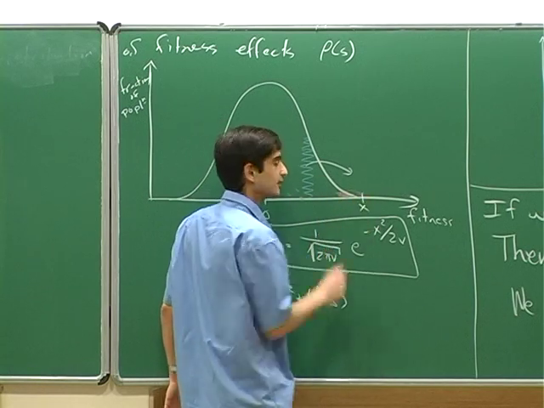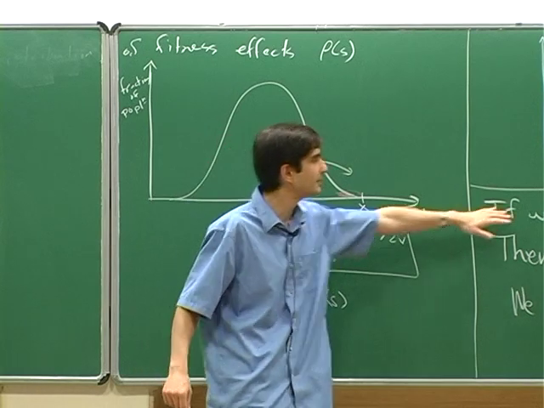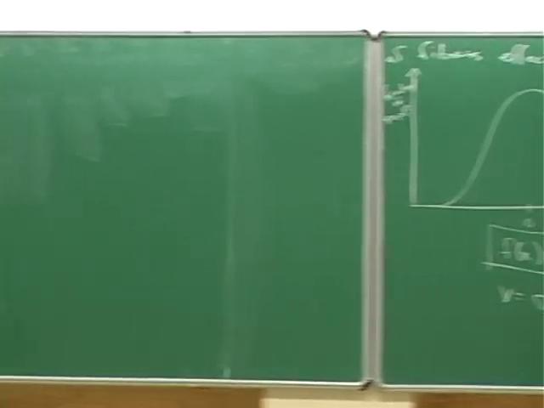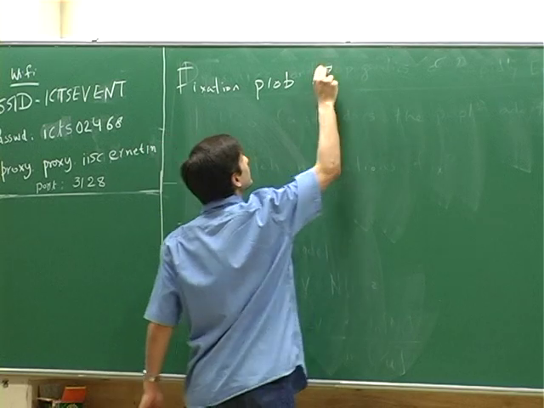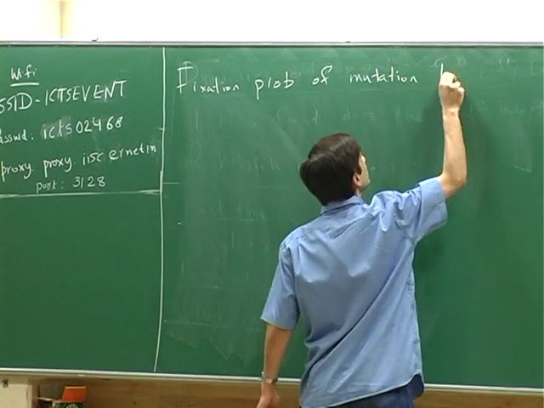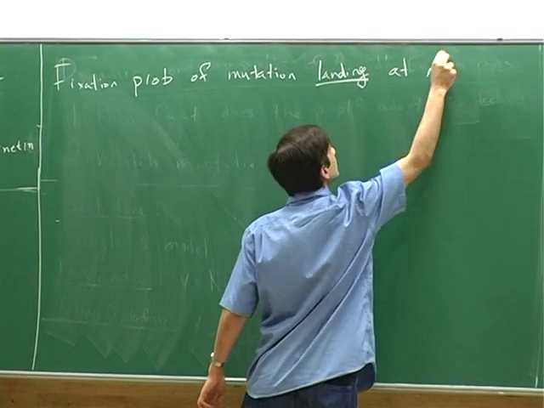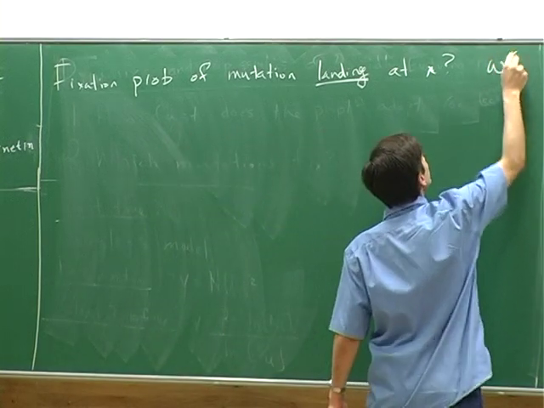We want to ask, what's the fixation probability? And we'll talk later in a few minutes about how that relates to this pi of s. And we'll call that W of x.